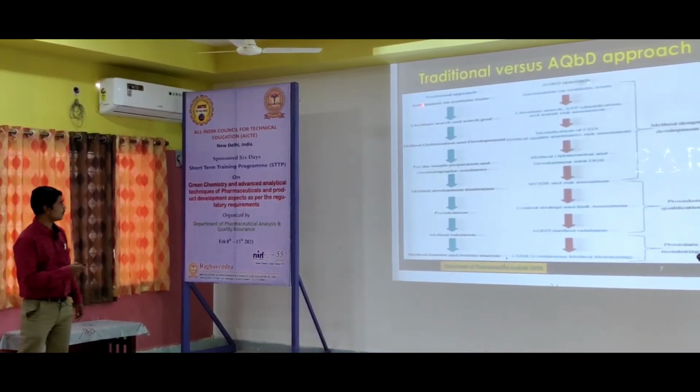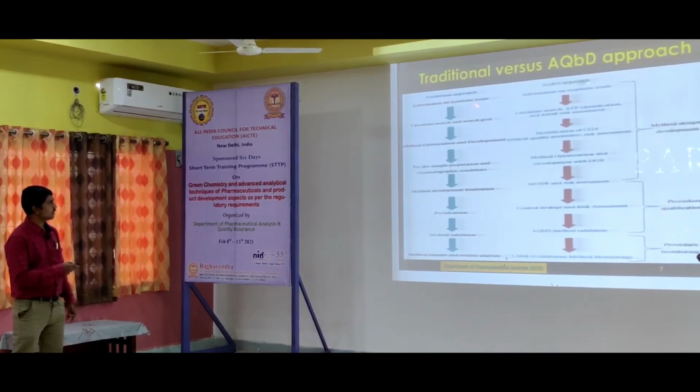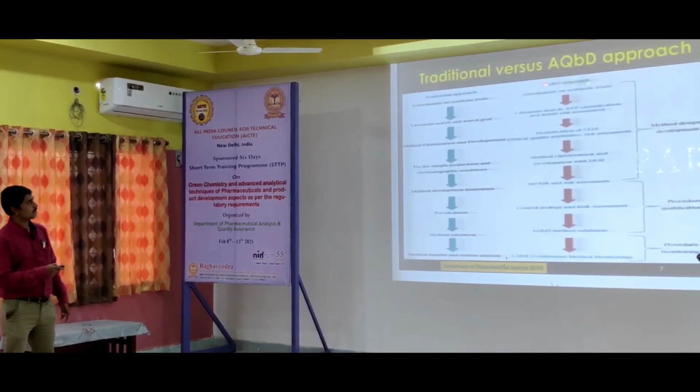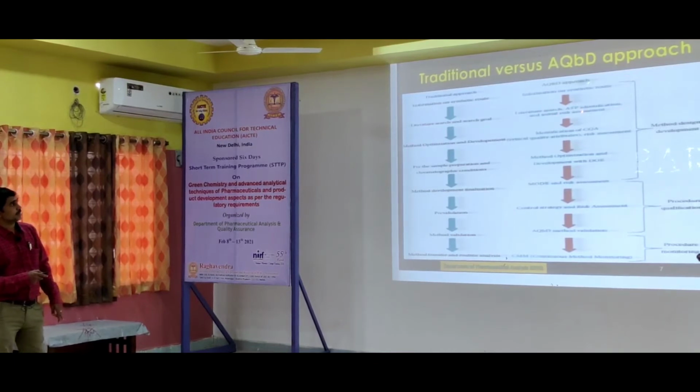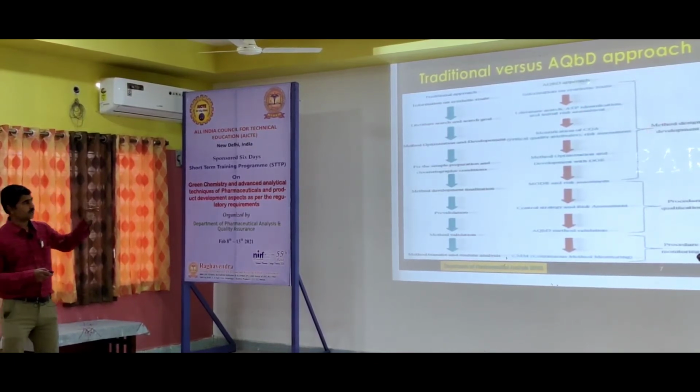In the traditional approach, information on synthetic route; here, literature search and ATP, the analytical target profile, what we need to establish and what we need to quantify, that we will be doing here.